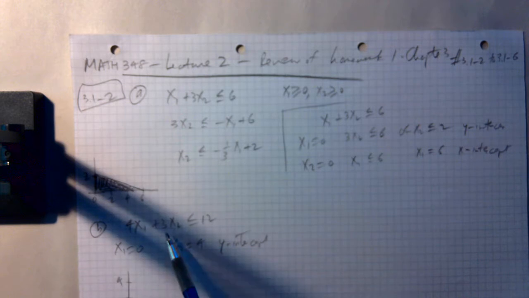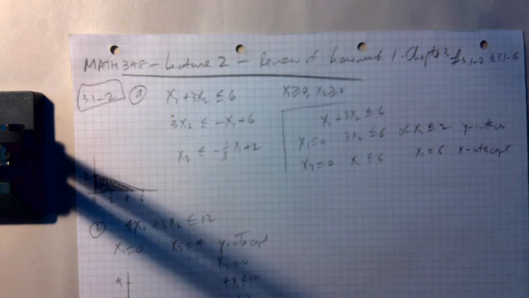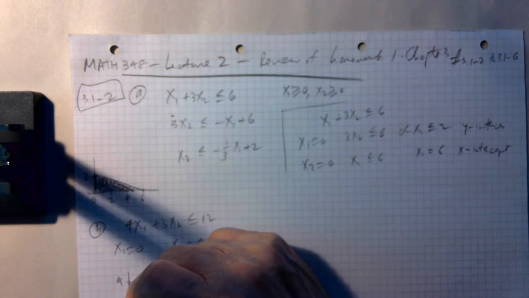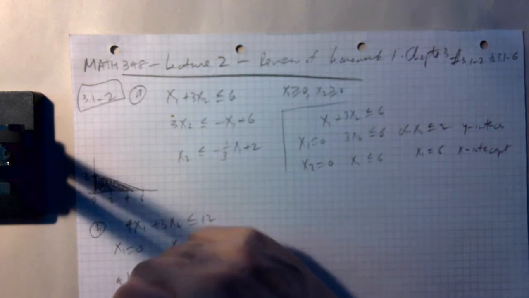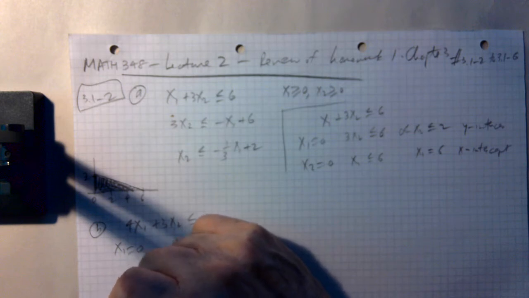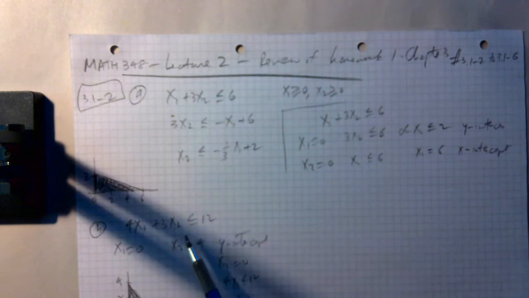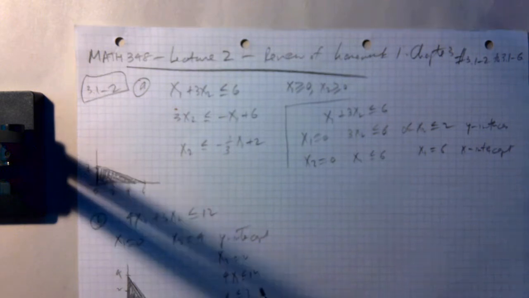When x1 is 0, x2 can be anything from 0 to 4. When x2 is 0, you get 4x1 less than or equal to 12, x1 less than or equal to 3. The x-intercept is 3. And the non-negative points in the plane that satisfy this inequality are this triangle.